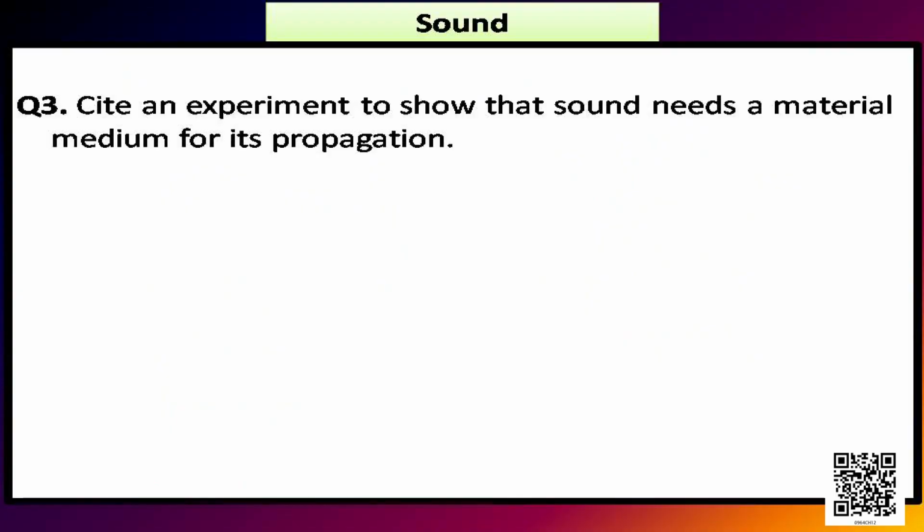So hope you can find the answer by yourself. Question 3 says, cite an experiment to show that sound needs a material medium for its propagation. Students, in our previous classes, we have already discussed this experiment. So hope you can find the answer for this question.